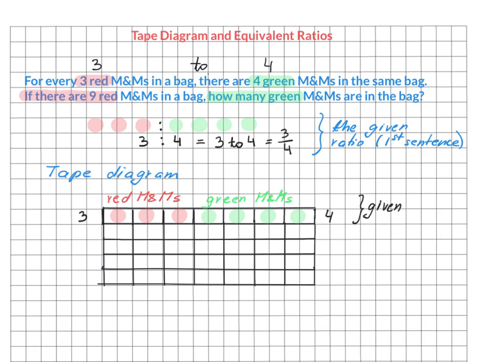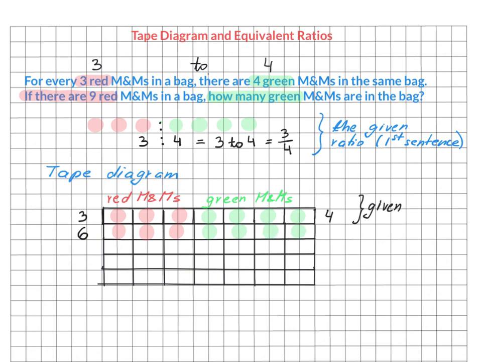Okay, so now I'm going to keep adding my red M&Ms. If I add 3 more red M&Ms, now 3 here plus these 3, the total is 6. So here I'm going to have 6 red M&Ms, and we know that every time I have 3 red M&Ms, to keep my ratio of 3 to 4, I have to add 4 green M&Ms.